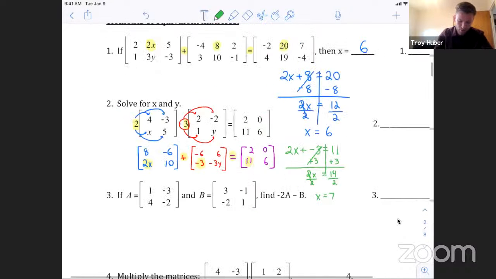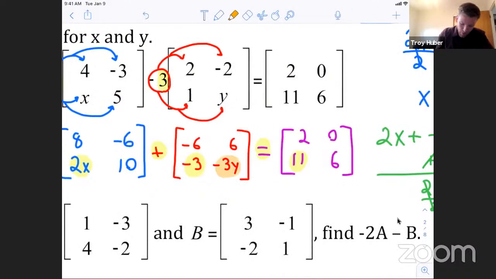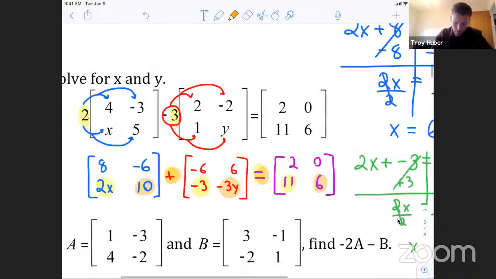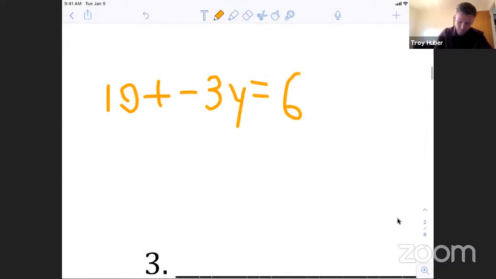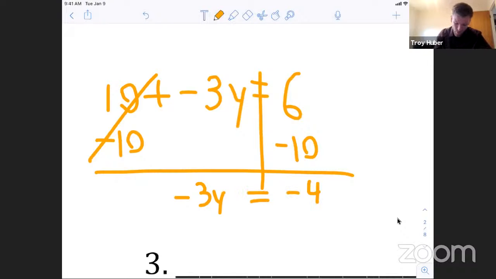Now let's do our y variable. Notice your y is in the bottom right. So I have bottom right plus bottom right is equal to bottom right. All right. So we have 10 plus -3y is equal to +6. Subtract 10 on both sides. So I get -3y is equal to -4.